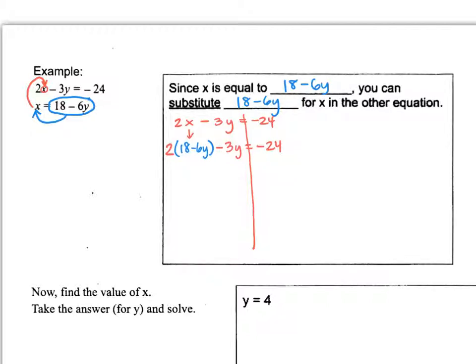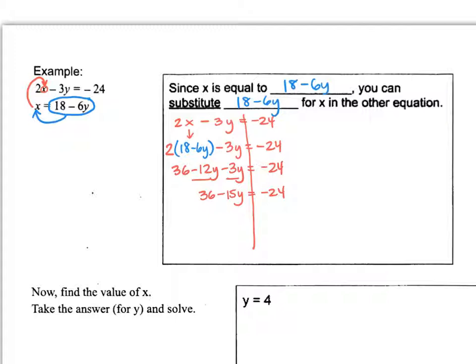The thing I substituted. So we do have to distribute. I'm going to do 2 times 18 here, and then 2 times the 6y. So this becomes 36 minus 12y minus 3y, copying the rest, equals negative 24. I'm going to combine the negative 12y and negative 3y, which becomes 36 minus 15y equals negative 24.